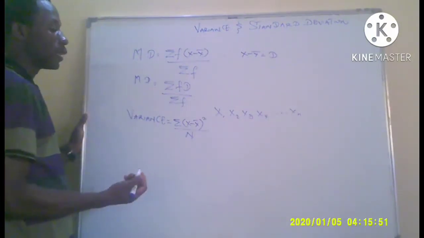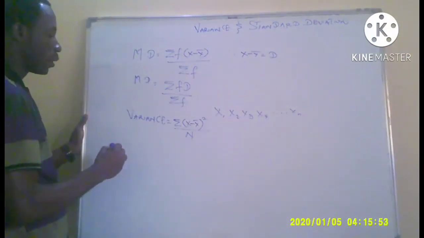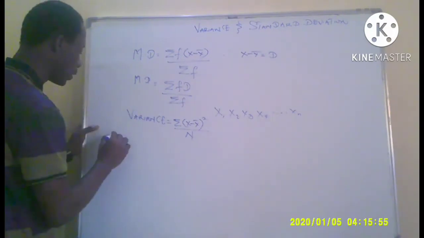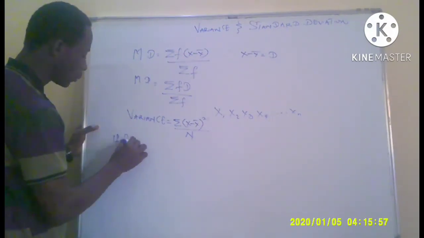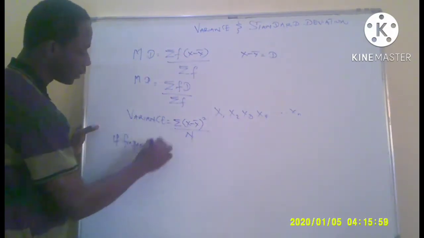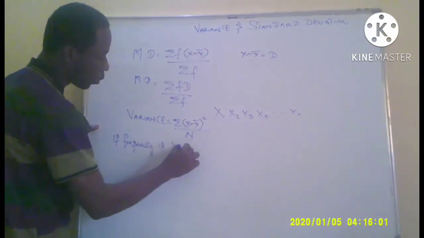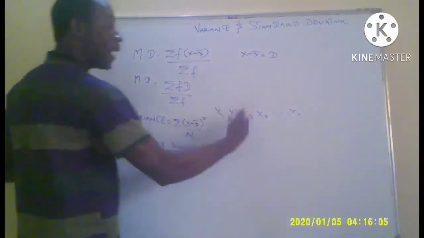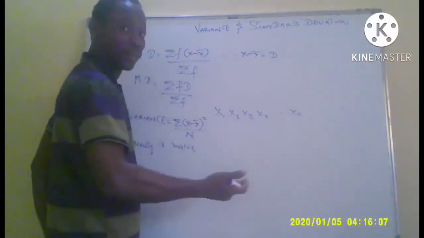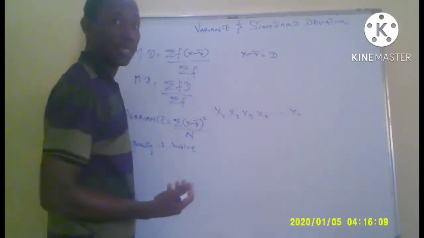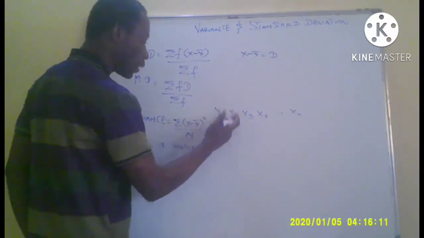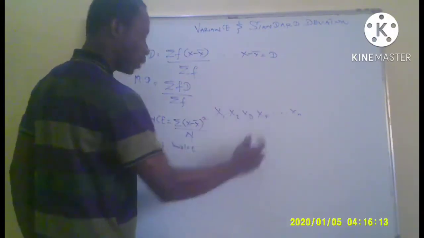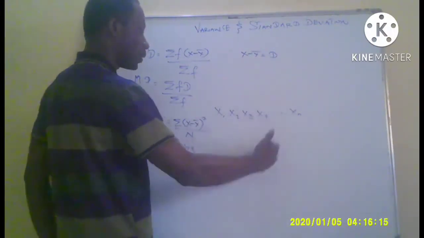Let's assume it has a frequency now. What do I mean by frequency is involved? I mean the numbers are occurring more than once in the data, that is we have x1, x1, x1, x2, x2, x2, x3, x3, x3.